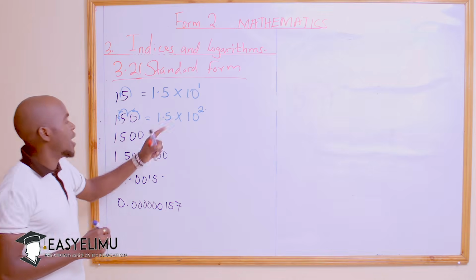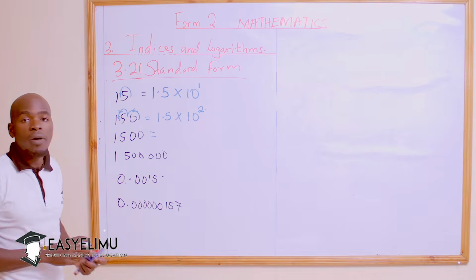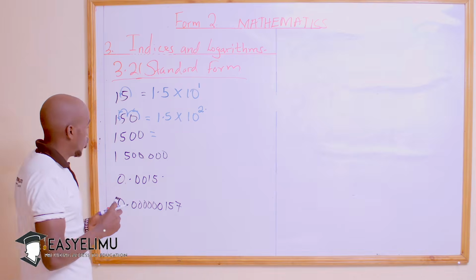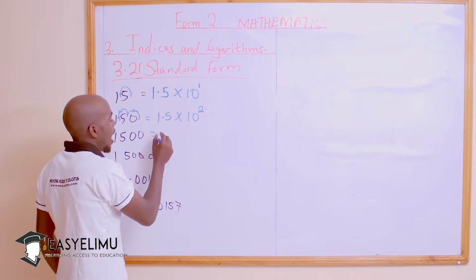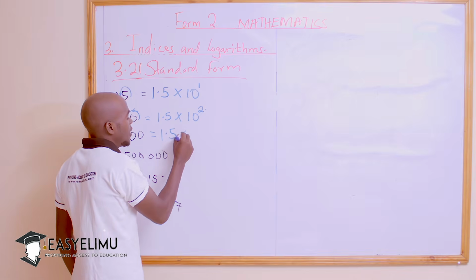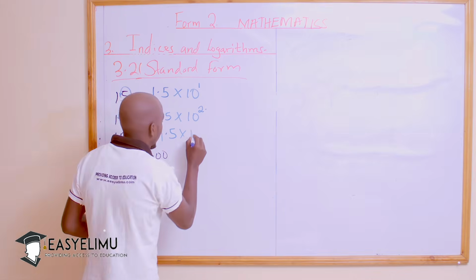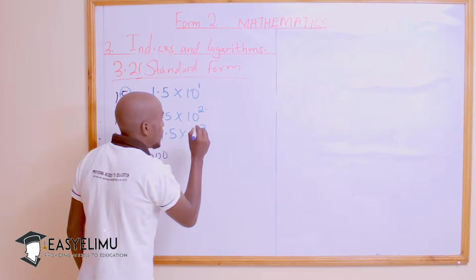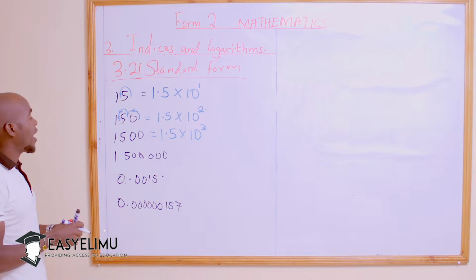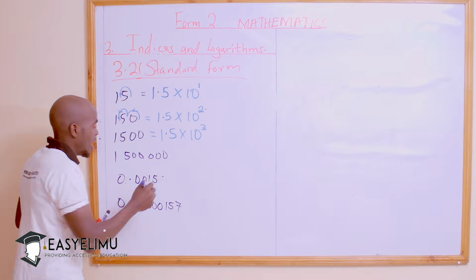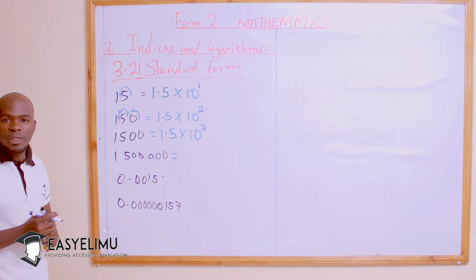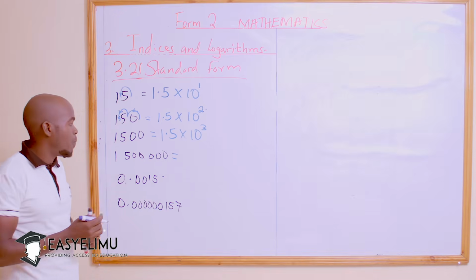So we shall have 1.5 times 10 raised to power 2. And for this case here, as you can see, you can help me, it is 1.5 times 10 raised to power 3. And the other one here, what do you think I should raise it to?